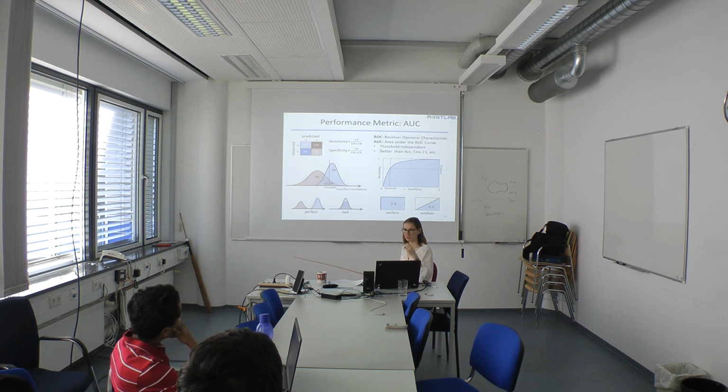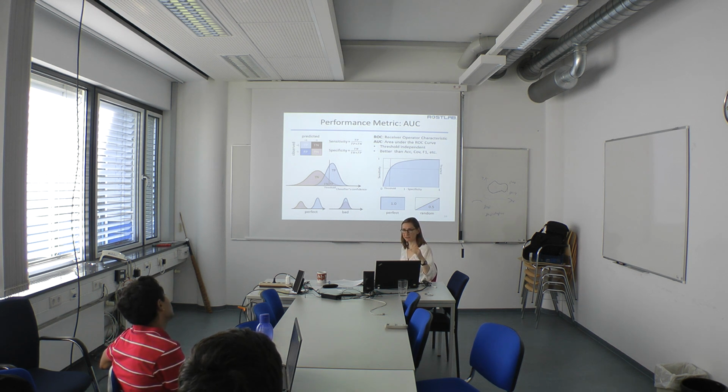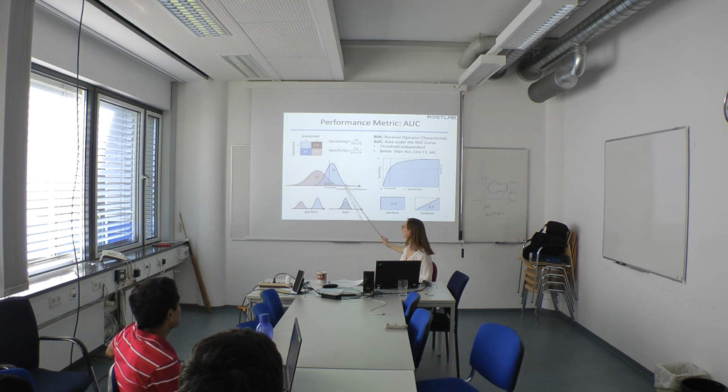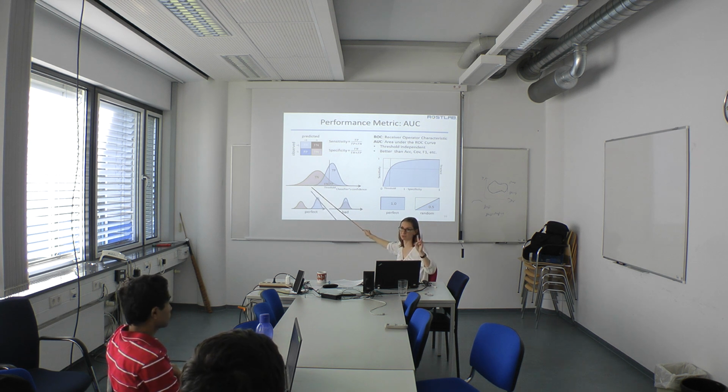For a Bayesian classifier, this is the probability, and for SVM, this is the distance to the hyperplane. So these are our confidence values. Some of our predictions would be true positive predictions, and the others would be true negative predictions, because we are working with two classes.